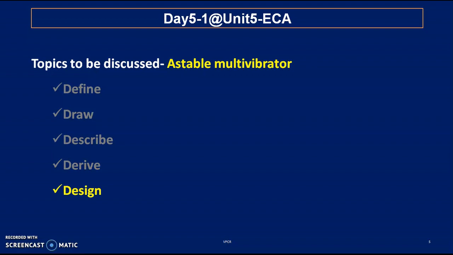Now we are going to see the design part. Here design means the problems in which we are going to find out the component values, the circuit element values for given specifications. That is, we are going to design an astable multivibrator with the given specified time period or frequency.